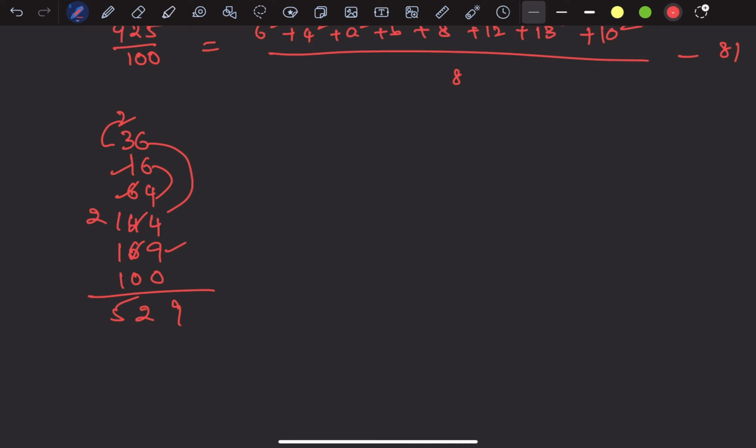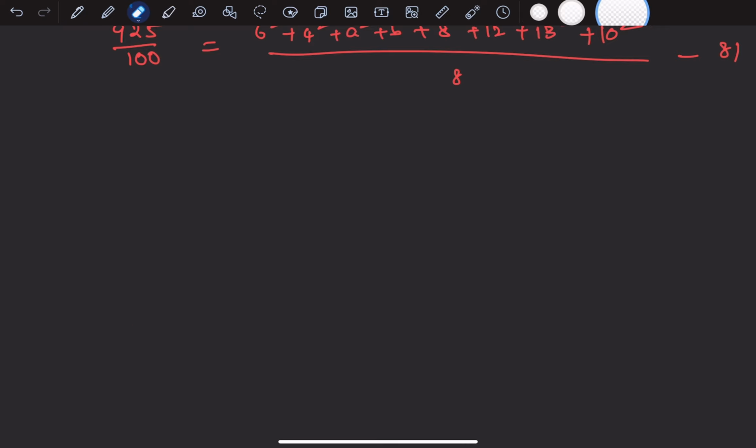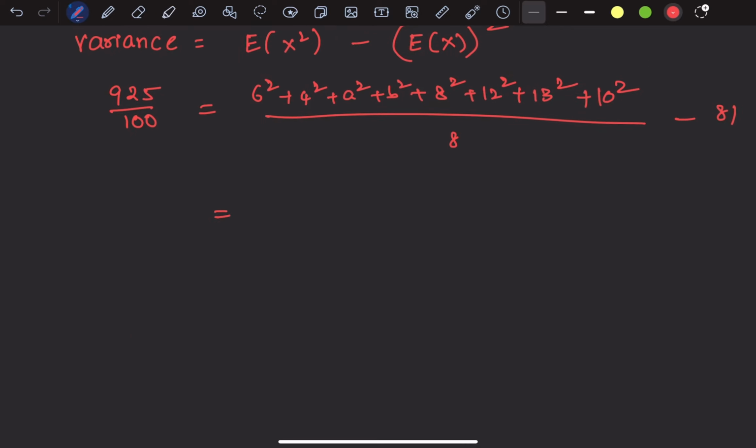So this is simply 529. So this is 529 plus a square plus b square minus 81 into 8. That will be 648 divided by 8 is equal to 925 upon 100.